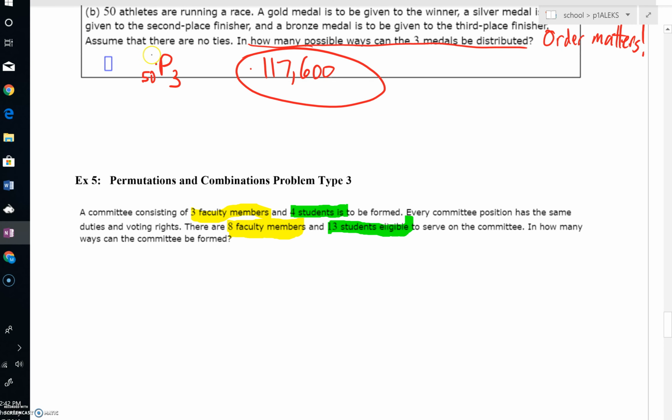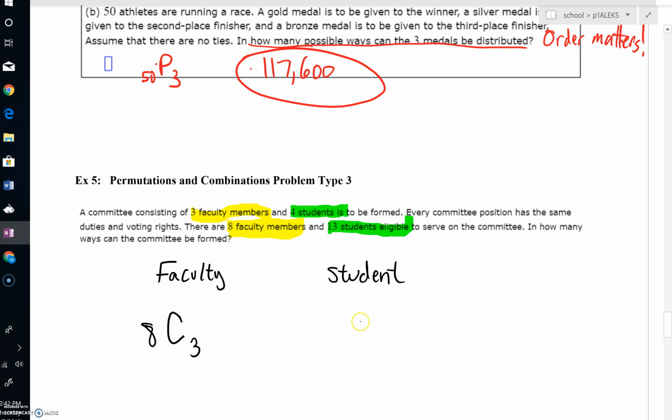Well, the question is, does order matter? And the answer is, if it's just the same voting right and so forth, no, it's going to be a combination. So it's always big number first, and out of these 8 teachers or 8 faculty members, we're going to select 3.